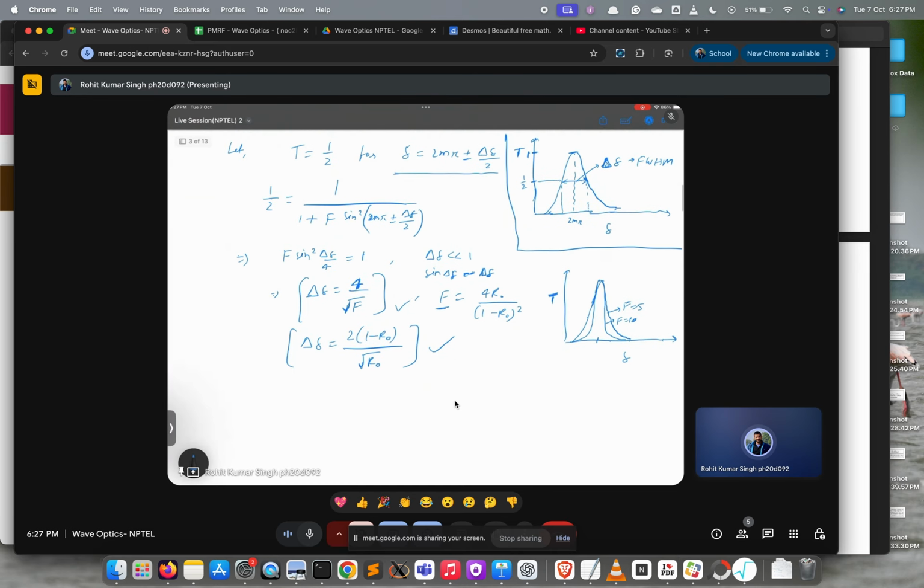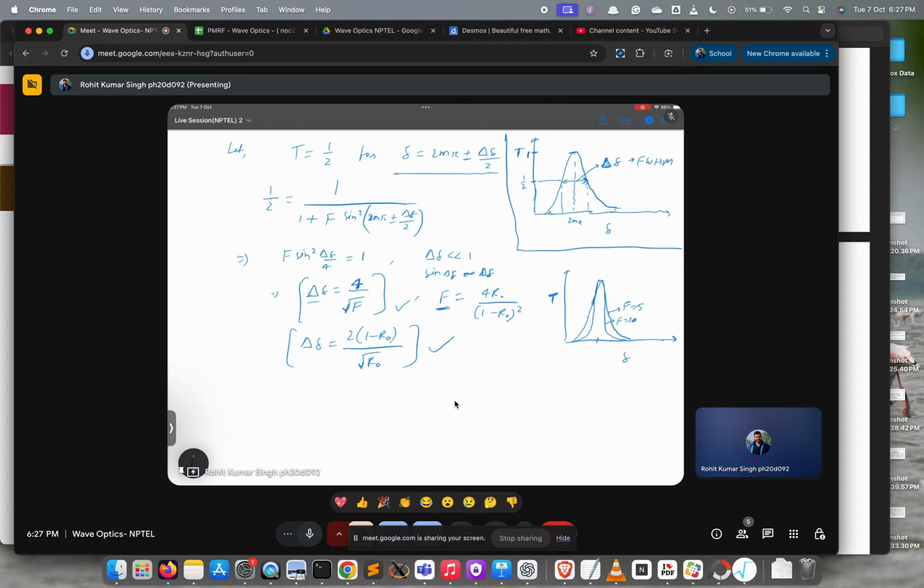Which makes sense, because if the reflectivity increases, F will increase, and if F is increasing, this width will decrease.